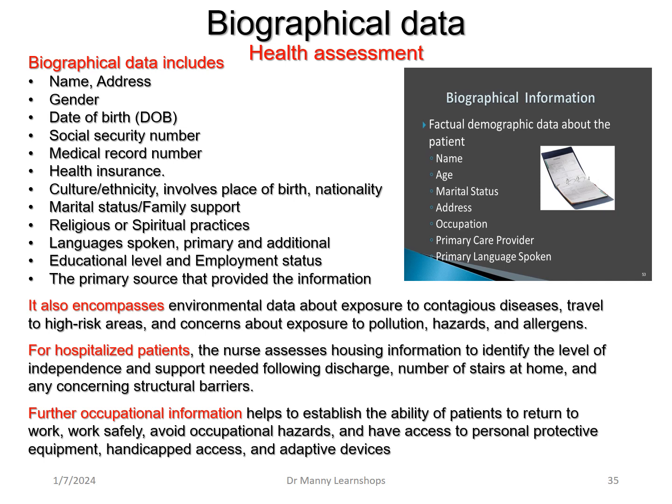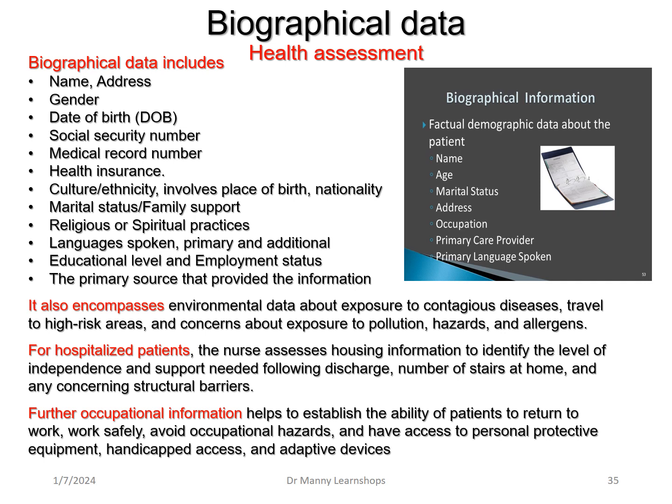Biographical data is important, and this includes things like name, address, gender, date of birth, social security number, medical record number, health insurance, and so on. And it also encompasses environmental data because again, it could be related to toxic exposure, contagious diseases, high-risk areas, pollution, hazards, and allergens.